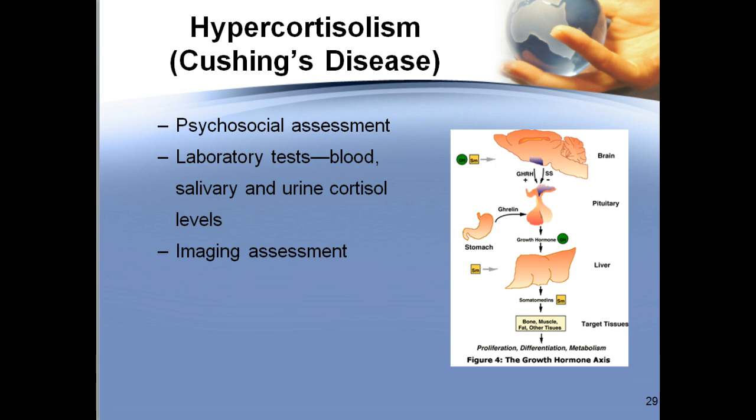And then also you want to check for cortisol in their urine. Usually they'll have an increased blood glucose level, decreased lymphocyte count, increased sodium, decreased calcium, and decreased potassium. So you may want to relate that.